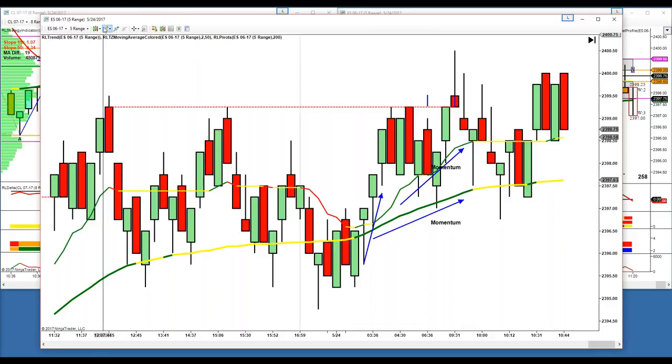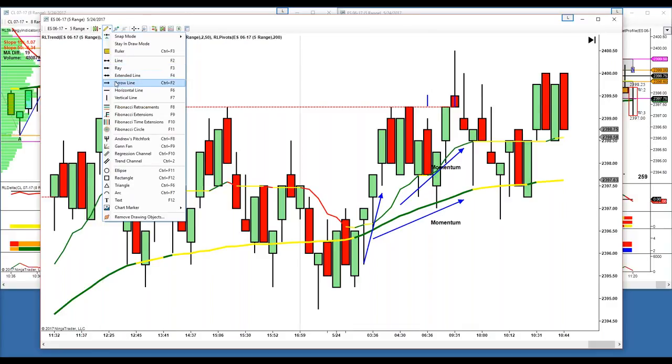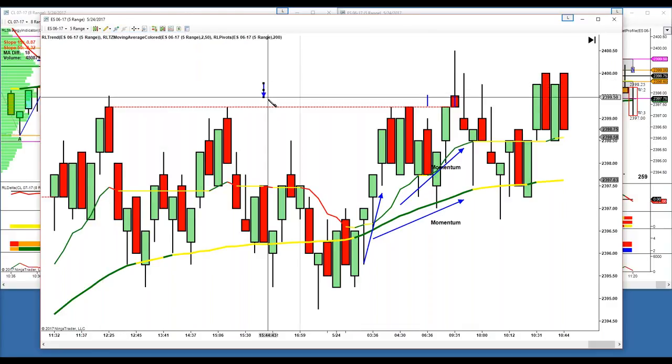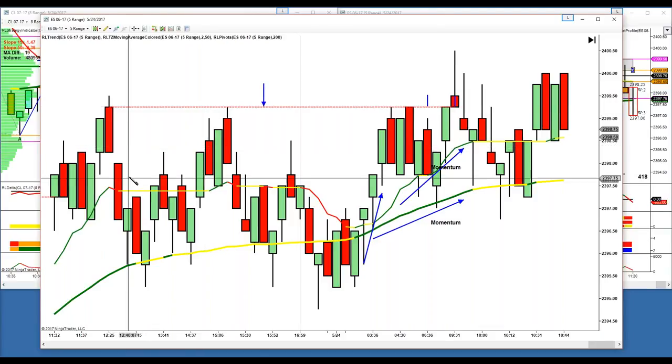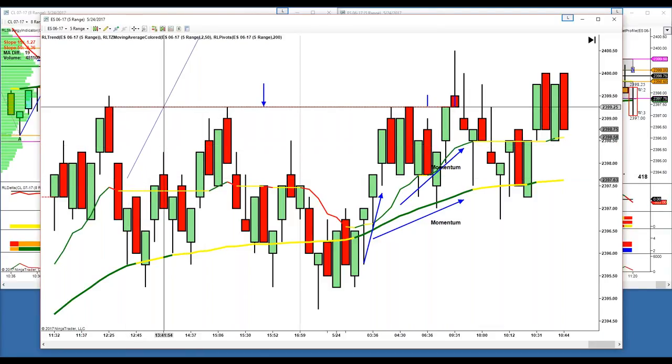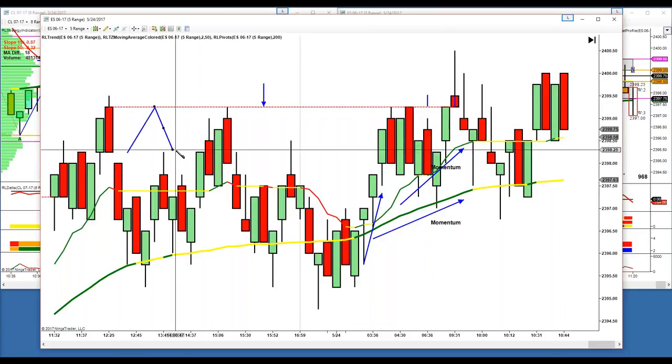Now, just to give you a quick heads up, the market moved up here. Whoops, wrong line. Can't press buttons. And then sellers turned the market here.